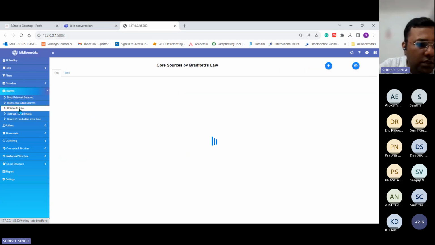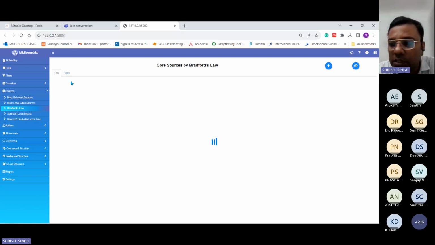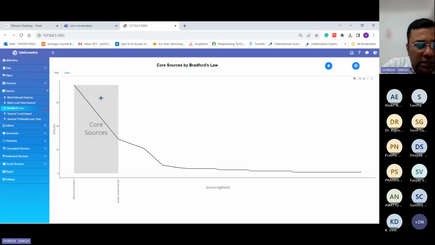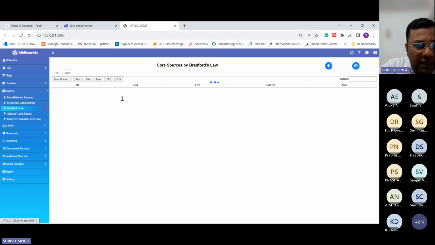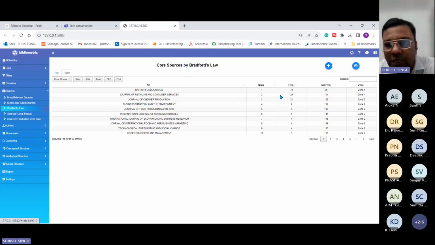So I'm talking about now Bradford's law. Bradford's law is talking about how the articles are getting published. Now, after having this, it is easy to understand.